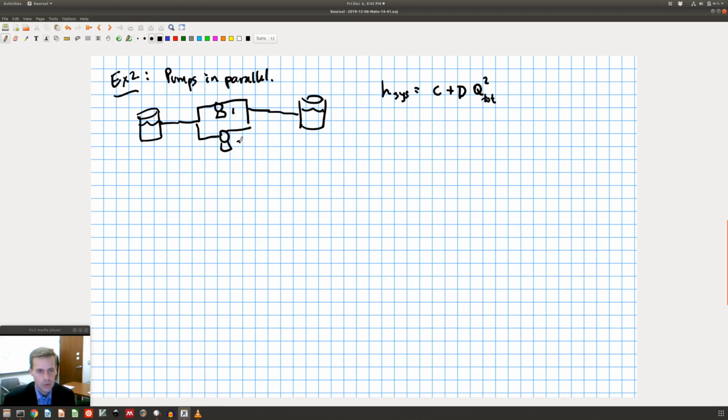Suppose HP1, my pump performance curve for pump 1, is A1 minus B1 Q1 squared, and HP2 is A2 minus B2 Q2 squared. And I want to find the operating point.